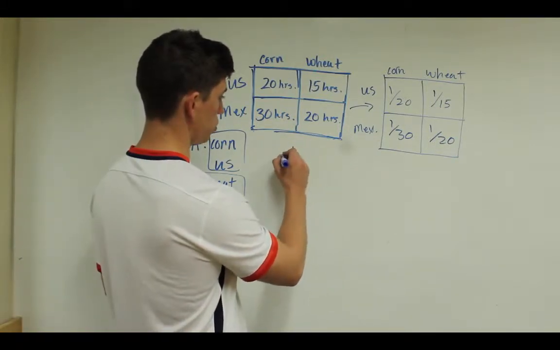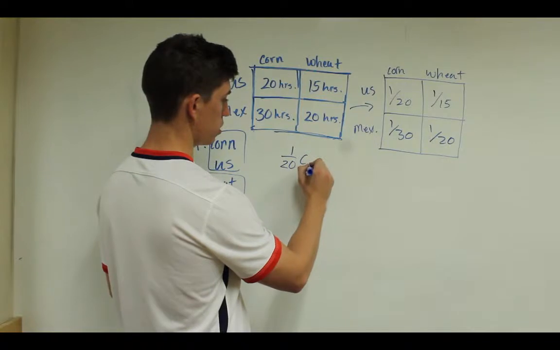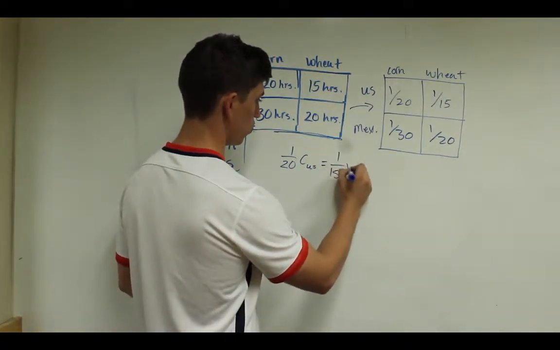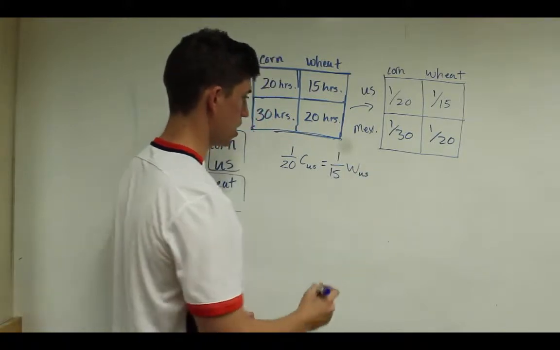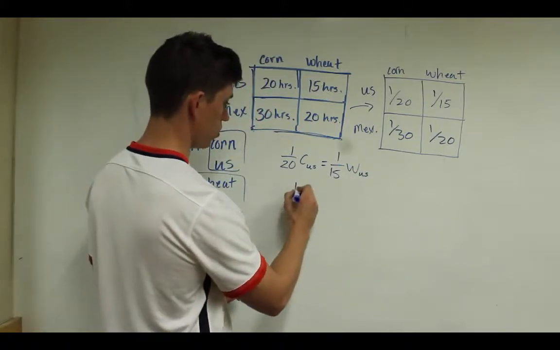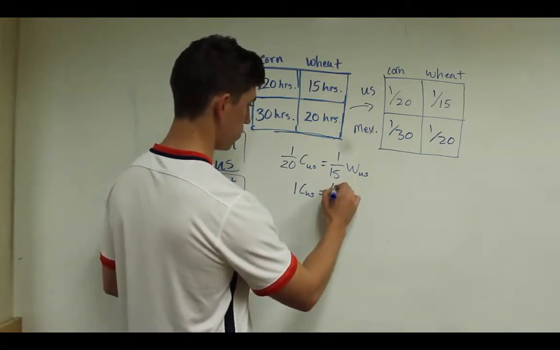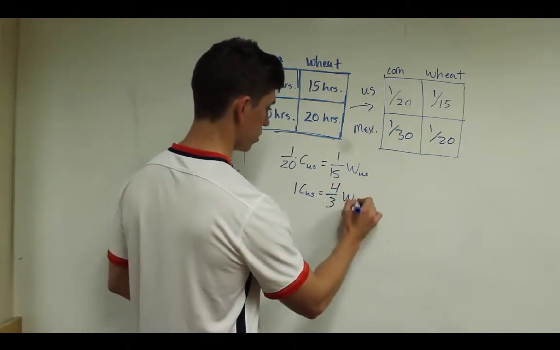And remember, 1/20th corn in the US is equal to 1/15th wheat in the US, and that implies that 1 corn in the US is equal to 4/3 wheat in the US.